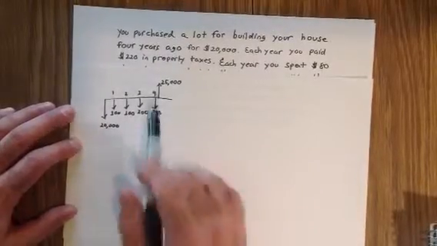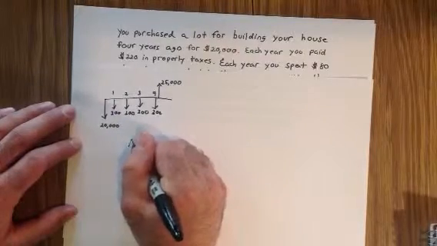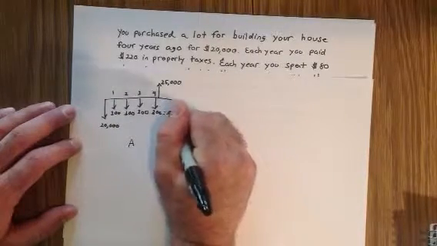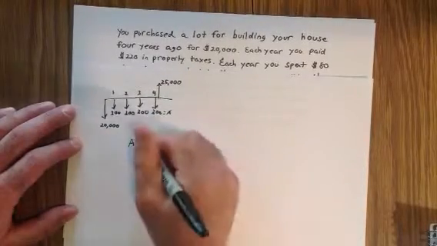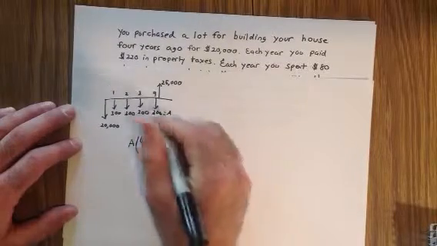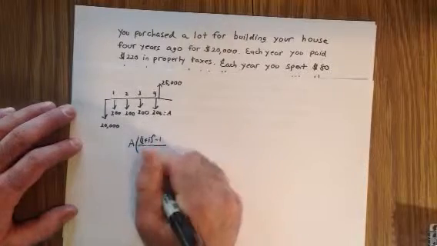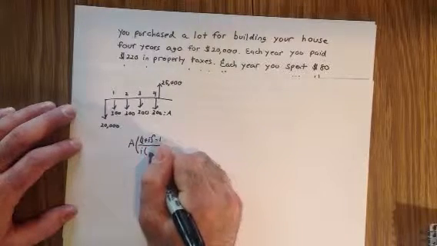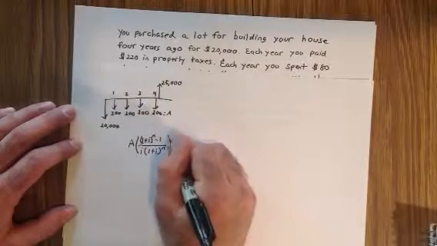For a recurring payment over a period, we have the equation A, which is our $300 in this case, times (1 plus i) to the n, where n is the number of years, in this case annually for 4 years, minus 1, over i times (1 plus i) to the n.